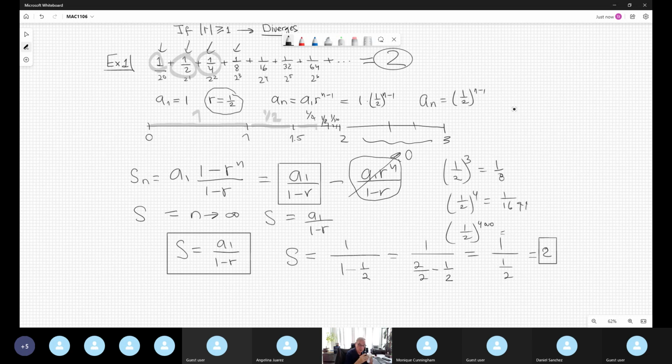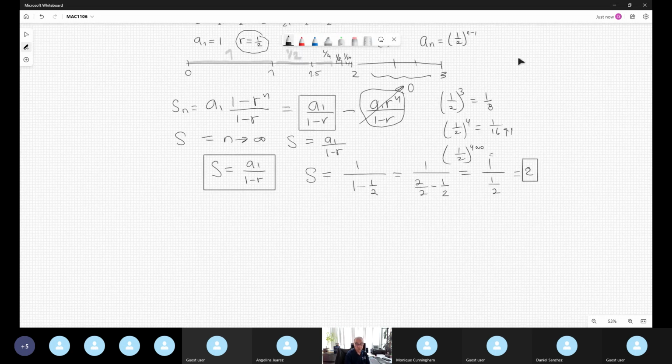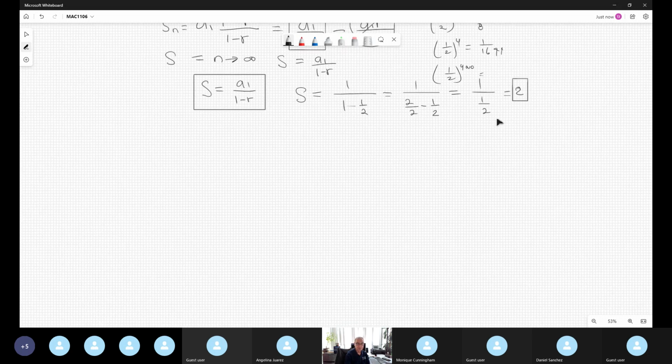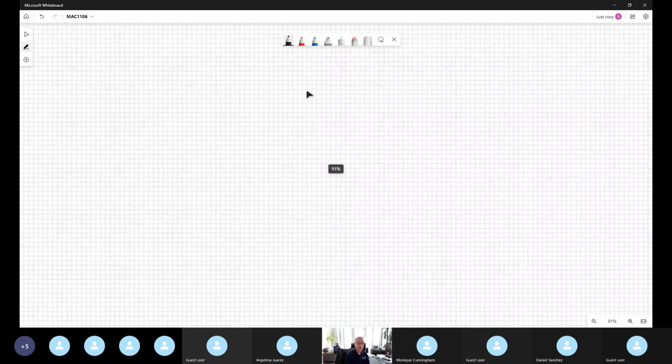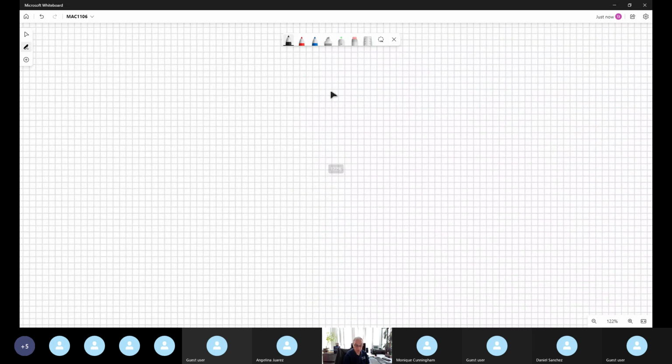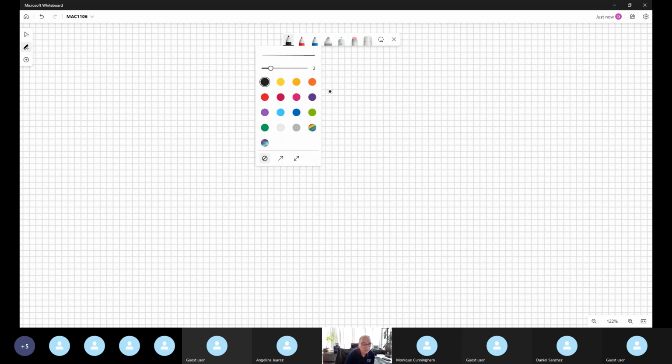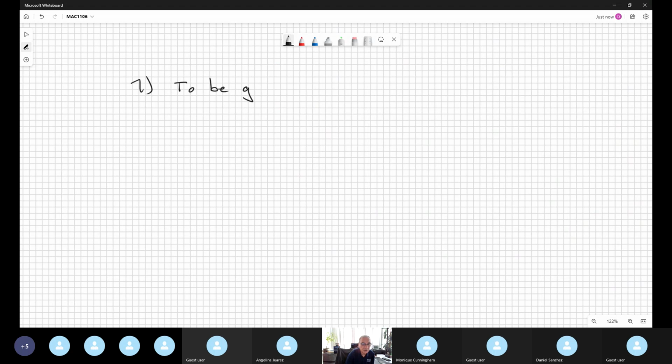Series. This topic, guys, is one that you come back to again in Calculus 2. The student may need to take Calculus 2. One more example of the series. To converge, we need 2 things. Number 1, it has to be geometric. All series that are not geometric.